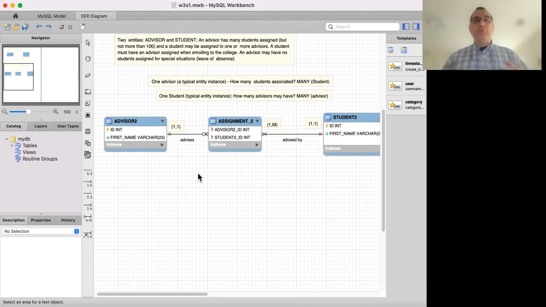And here we need to think which is the minimum value and the maximum value that I can have. So I take an advisor, which is the minimum number of assignments for this advisor and the maximum number of assignments for this advisor. And that's how I get the cardinality of the relationship, how many entity instances I can have assigned to one entity instance.